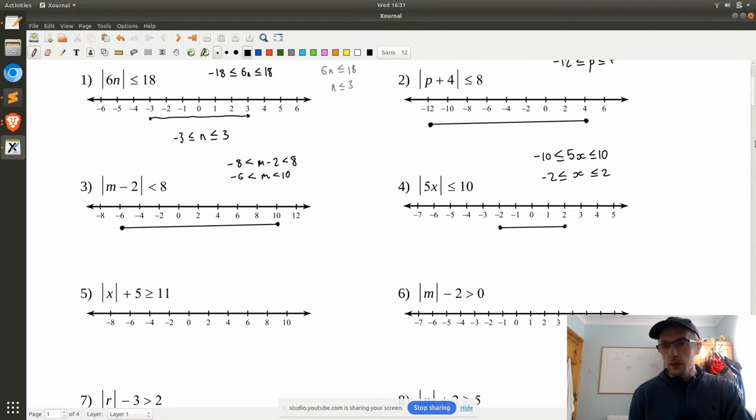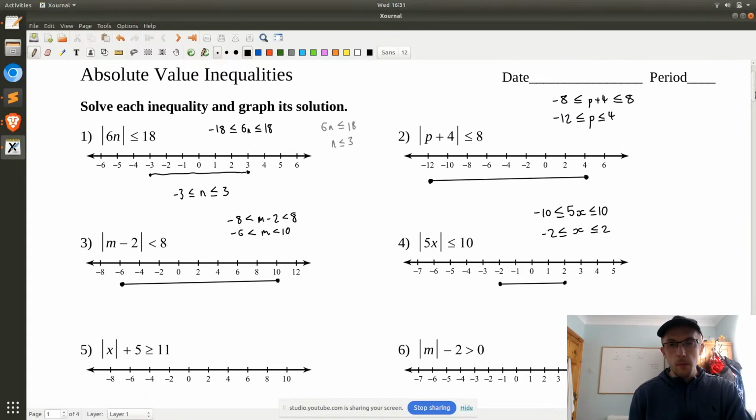Now, did I solve all of these? The solution should be written down somewhere. There's the solution for the first one. For the second one. And the fourth. But not the third.